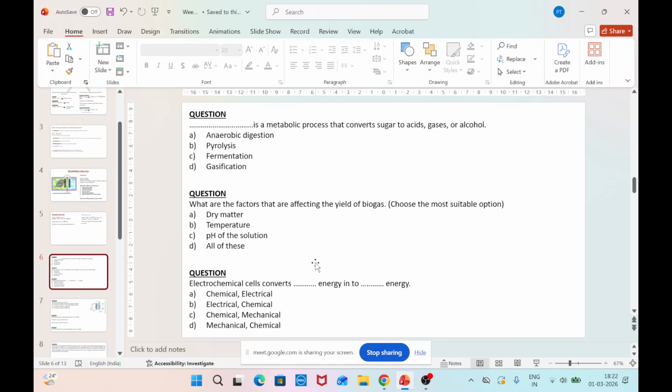There you take the biomass and then you treat them under different temperature conditions and oxygen conditions, and then you obtain gases and solid char in case of pyrolysis. So what about fermentation?